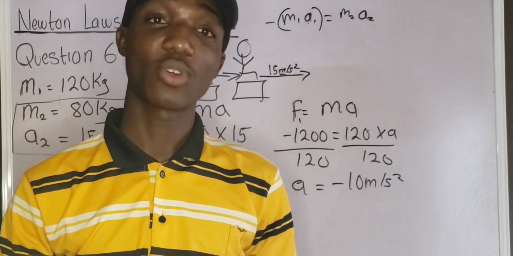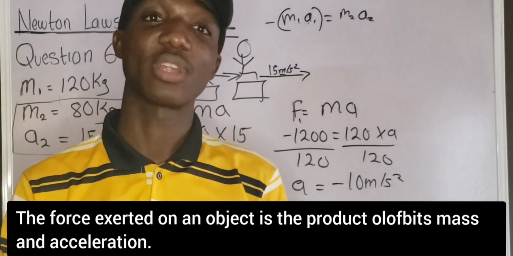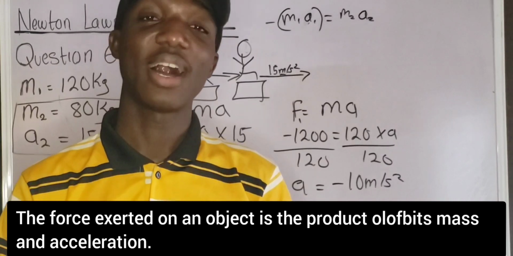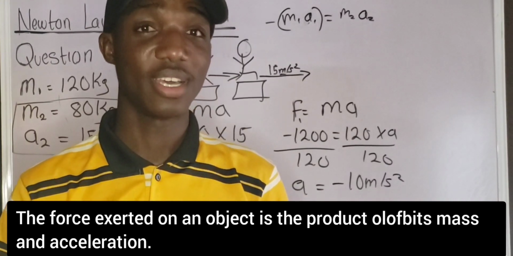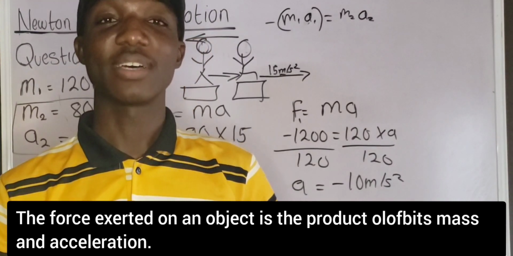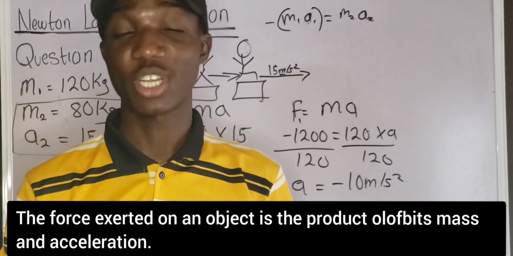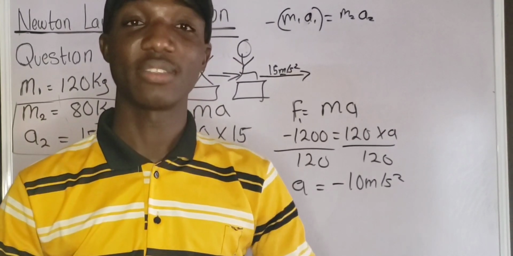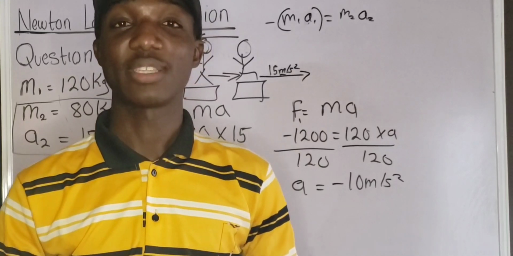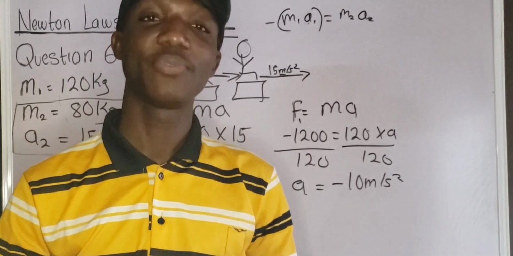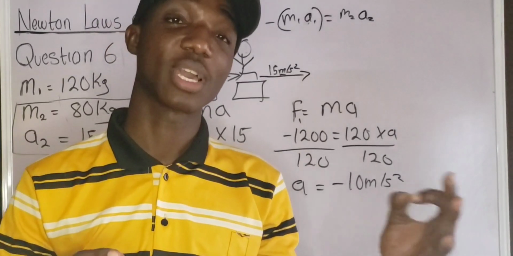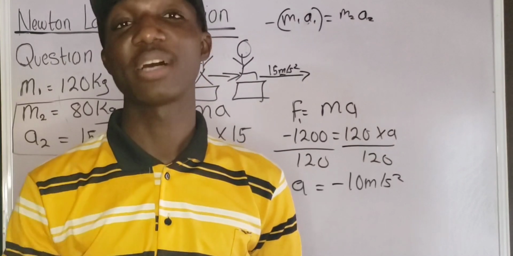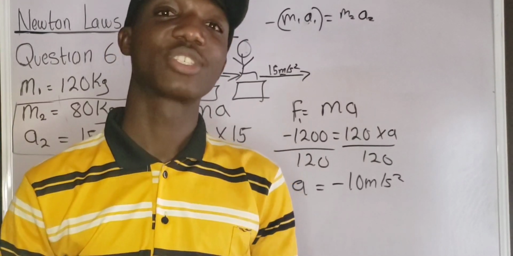The second law states that the force exerted on an object is the product of its mass and acceleration. That is, the force is directly proportional to the mass of the object and the acceleration that the force causes. Also, I need you to understand that if the force is kept constant and we increase the mass of the object, the acceleration will decrease.